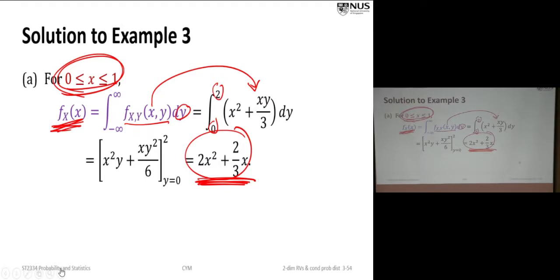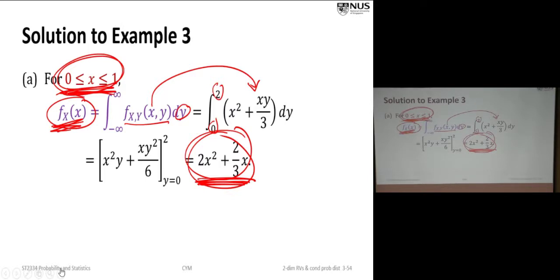It's important, you must specify this. Without this, how do I know that this is equal to this? Is it true for all x values, even x equal to a negative number, or even x equal to 10, 20? No. It's only valid for x between 0 and 1.